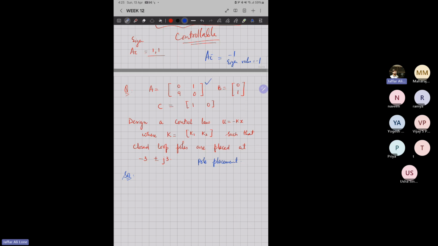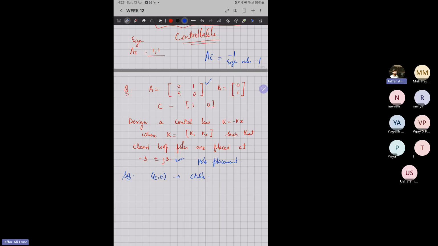So this is called pole placement, and it's only possible when my matrices A and B are controllable. Here they are saying design a control law such that closed loop poles are placed at this. I can only design this control law if and only if my pair AB is controllable.